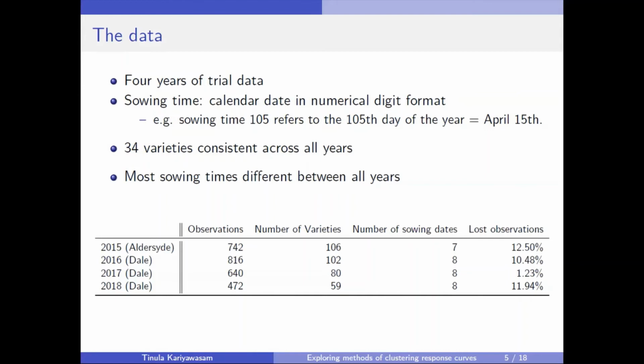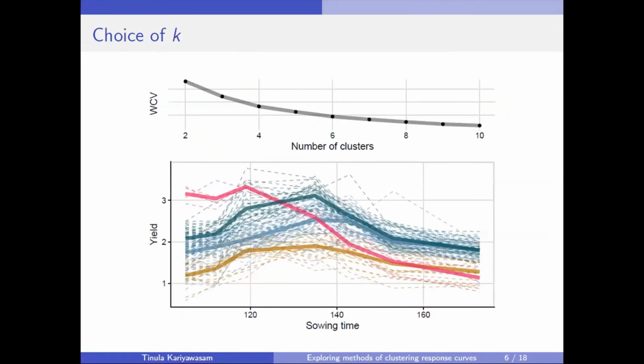So we combine these 4 years of data, and the question with k-means clustering is, what is the optimal k value for our k-means clustering? But it really depends, for me, always on context, right?